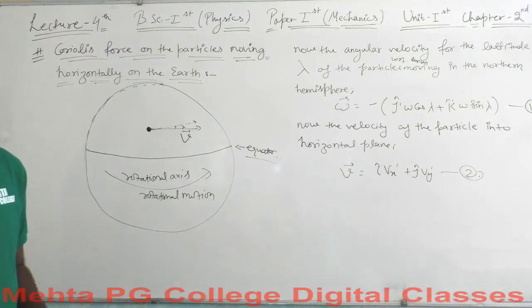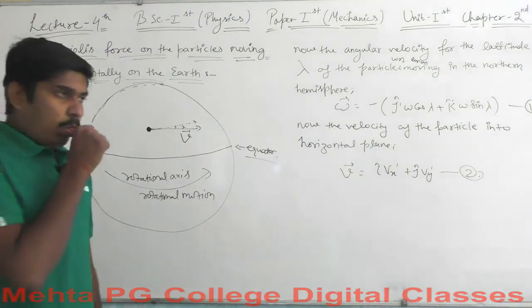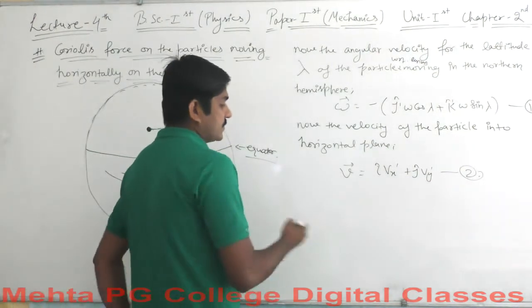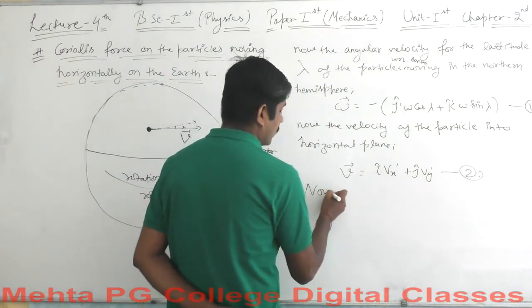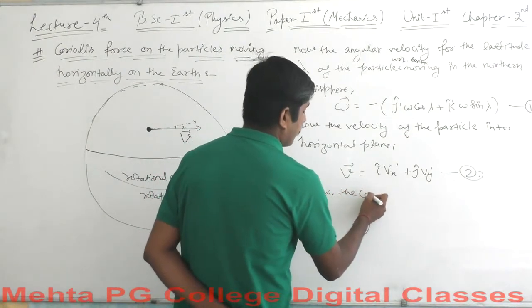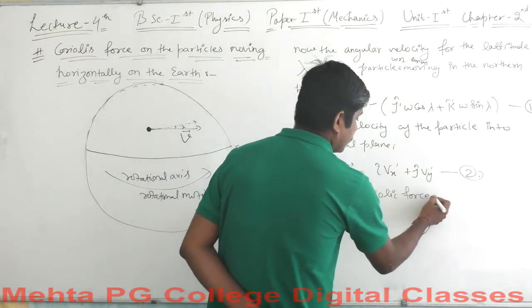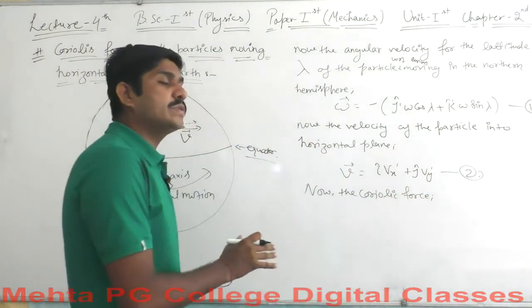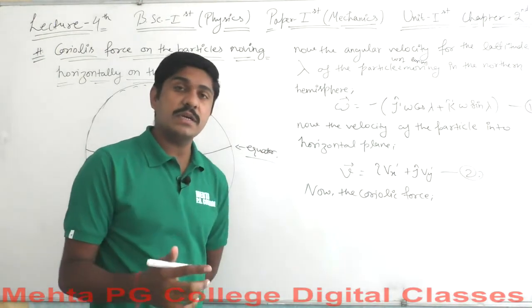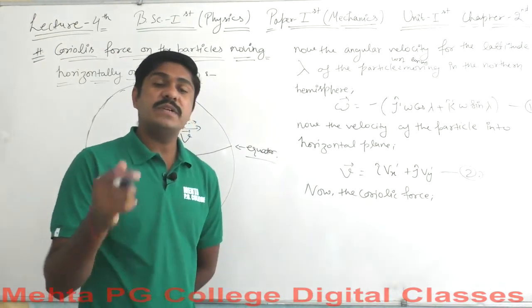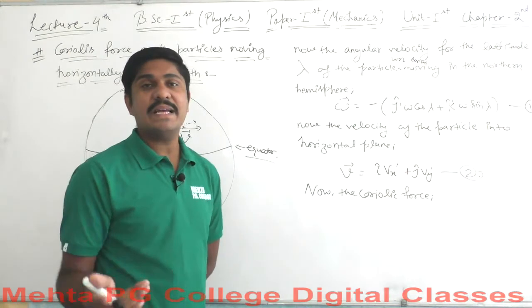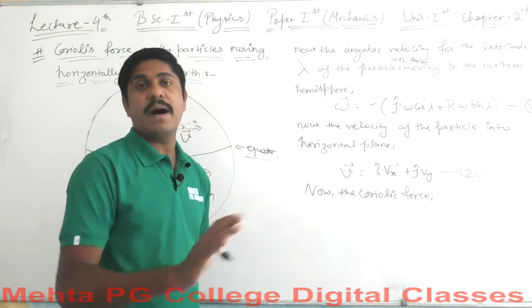Now we will use the concept of Coriolis force. For the Coriolis force, we do not go through complications, but we just multiply the Coriolis acceleration with the mass of the particle.